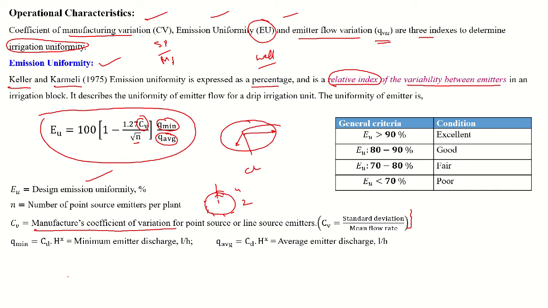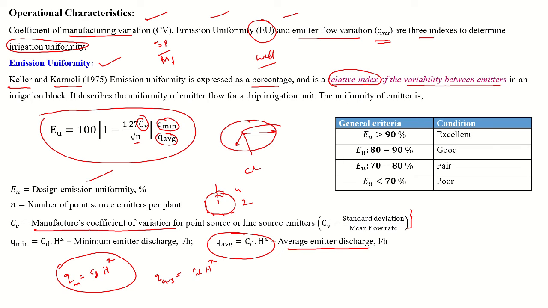We already know the discharge relation between coefficient of discharge and head power of X, so this is the relation between discharge and head. This Q minimum is the minimum discharge from your emitter, and Q average is the same thing, CD into H power of X. So this is the Q average, which tells us the average emitter discharge in liters per hour.